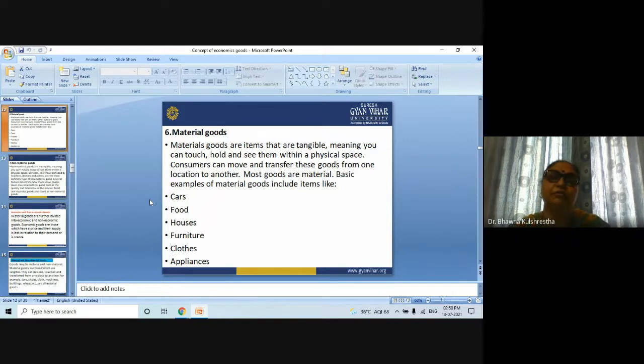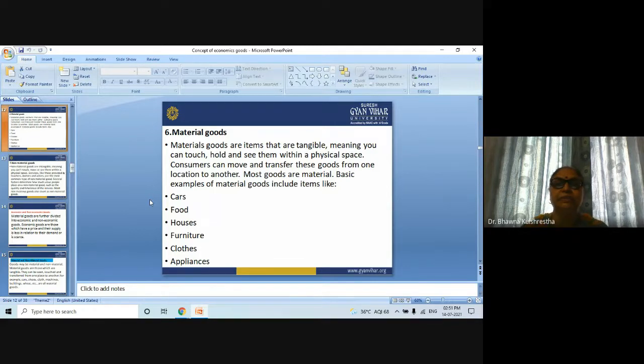Consumers can move and transfer these goods from one location to another. Most goods are material.